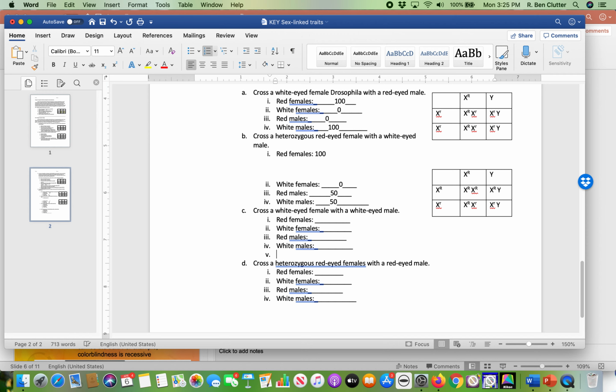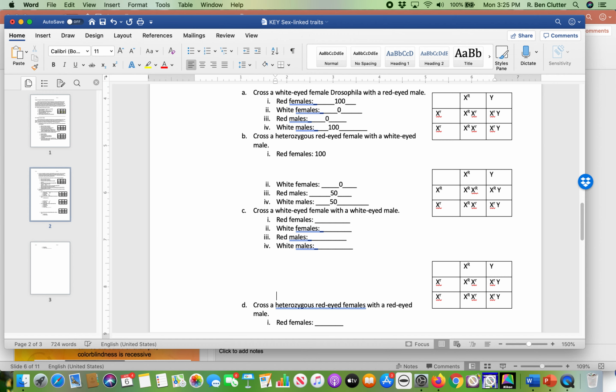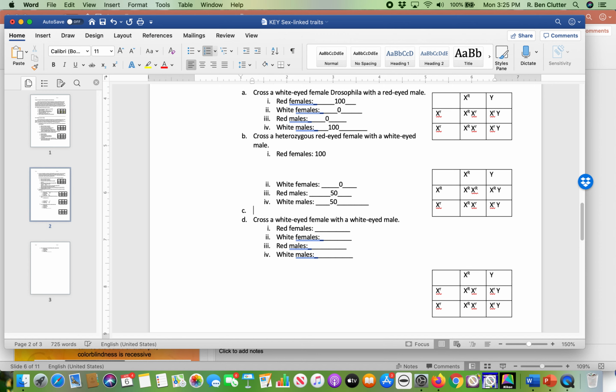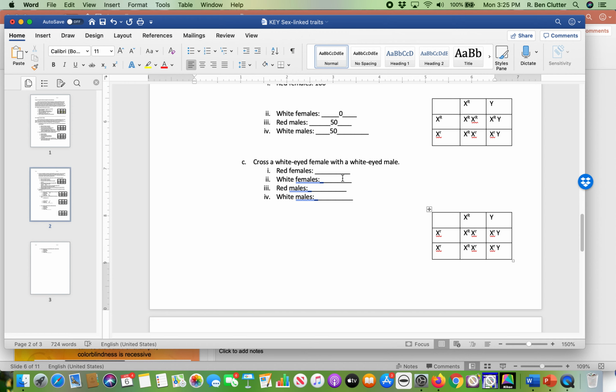Let's see here if I do this. And I'll put that one down a little bit. All right, so for letter C here, give us a little more space. So white-eyed female.